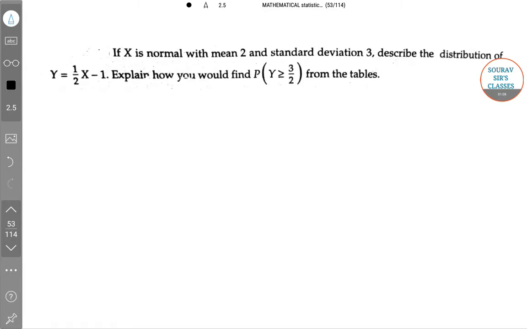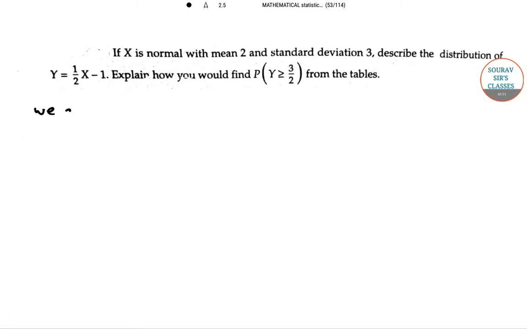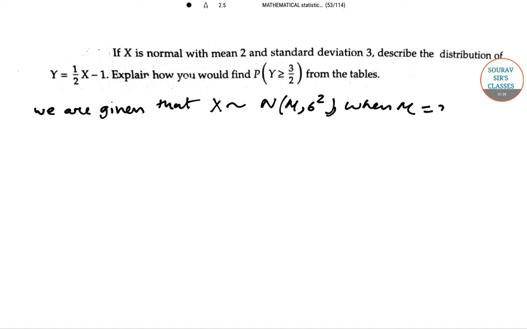We are given that x tends to N(mu, sigma square), where mu is equal to 2 and sigma is equal to 3.